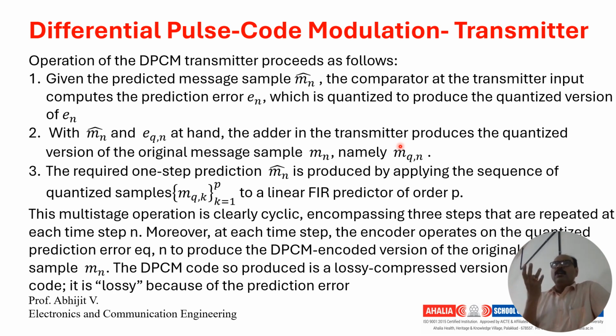That means it reduces all the repeated data, only the difference between m[n] and tilde m[n], that is the predicted value using a linear predictor, and the e[n] is quantized to form the output of the quantizer. Okay, this is the first step.